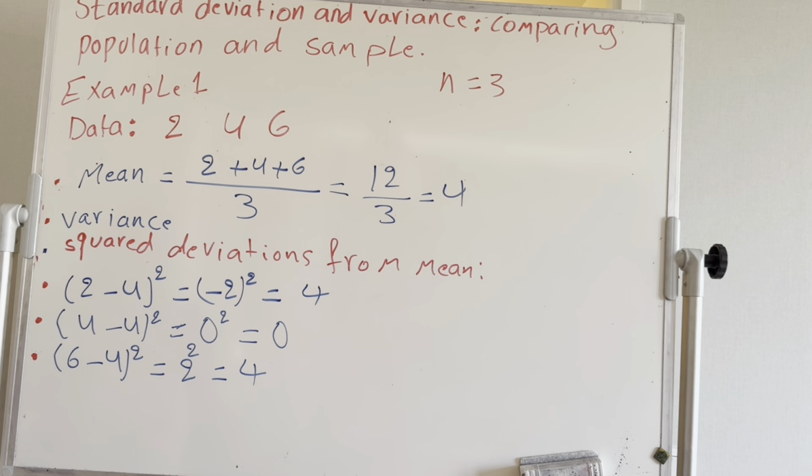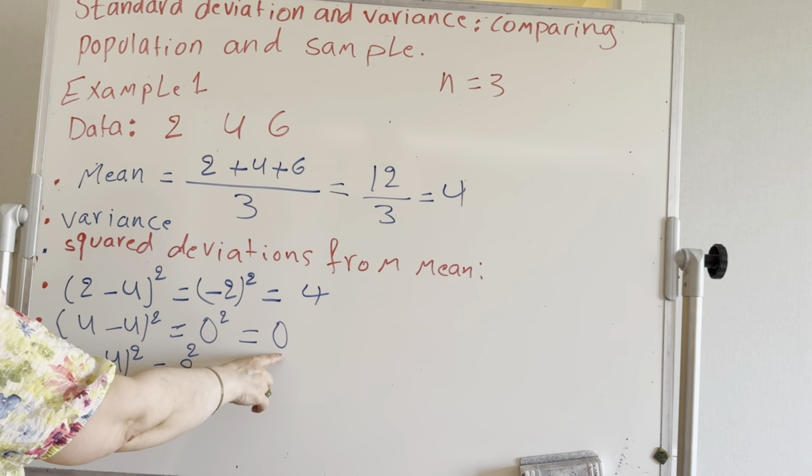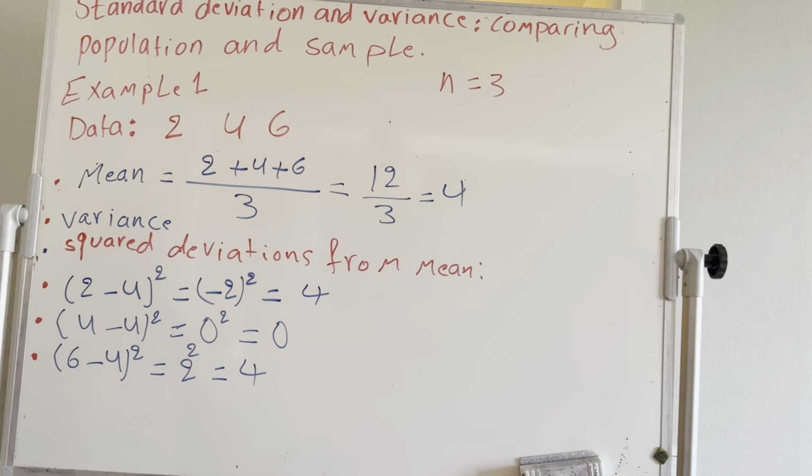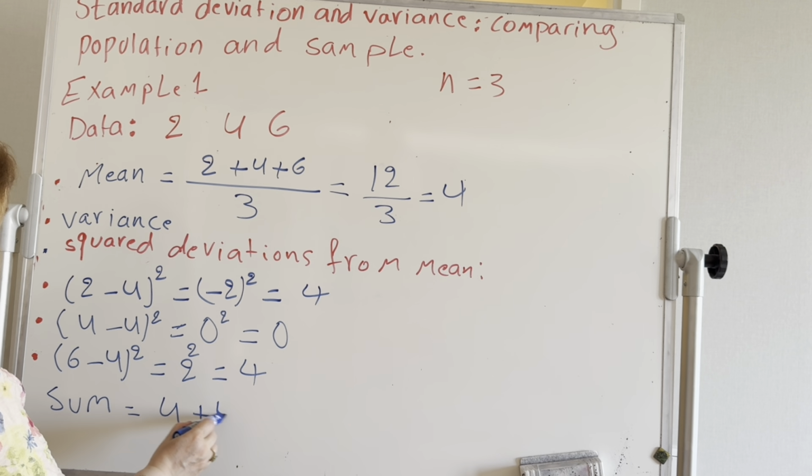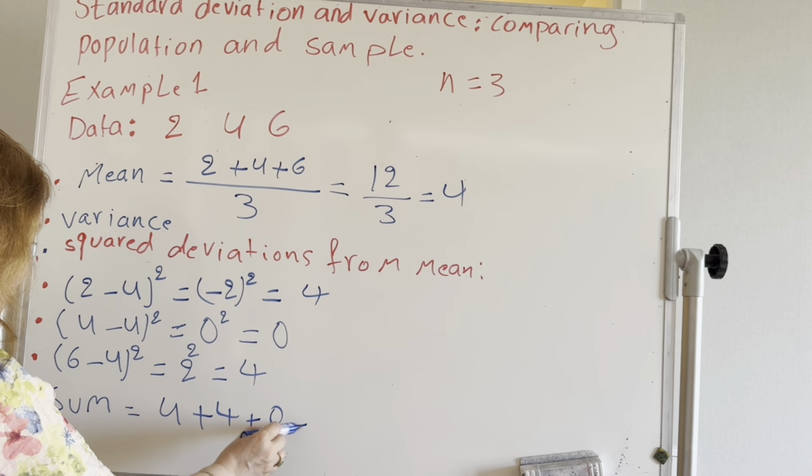Now I will add all the squared deviations: 4 plus 4 plus 0 equals 8.